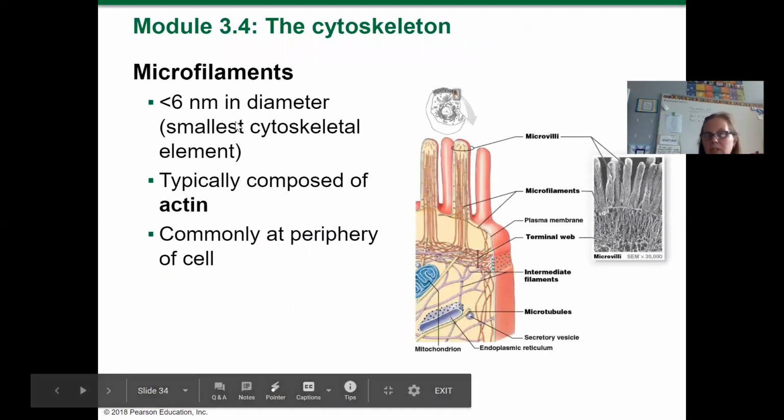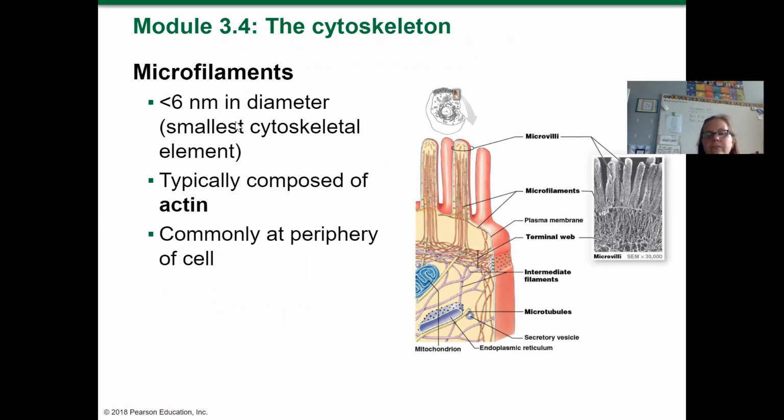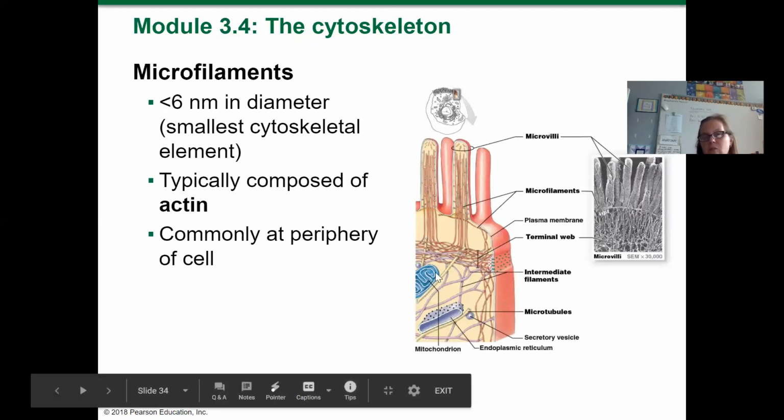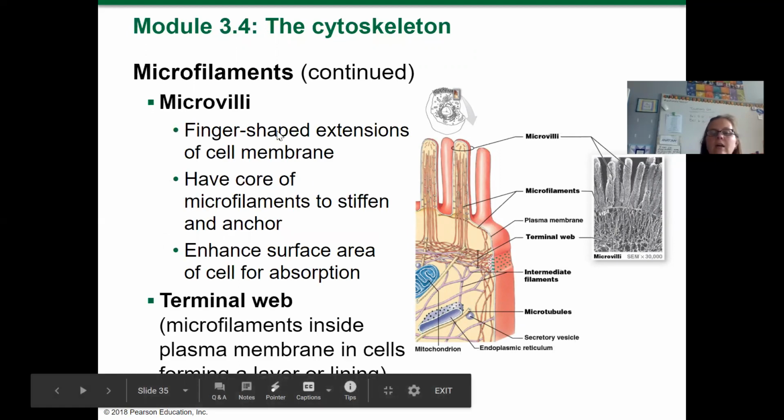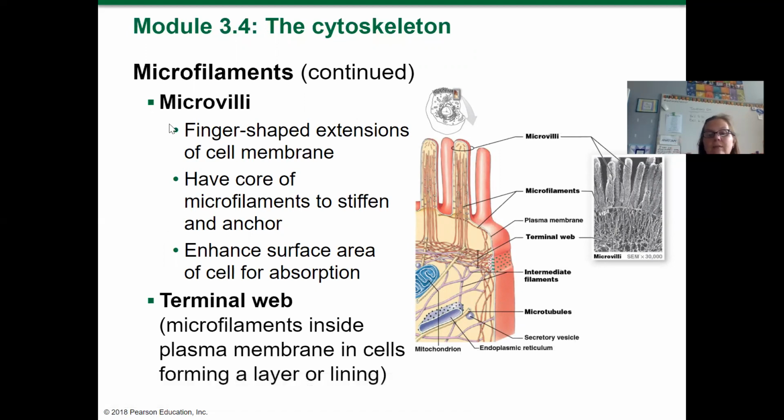Microfilaments are composed of the protein actin. They're commonly found at the periphery of cells. And there's a nice table of this, by the way, on page 101. And they're the smallest element. That's why they're called microfilaments. Some of the types, microvilli, are like finger-like extensions. And a lot of times they are for increased surface area.